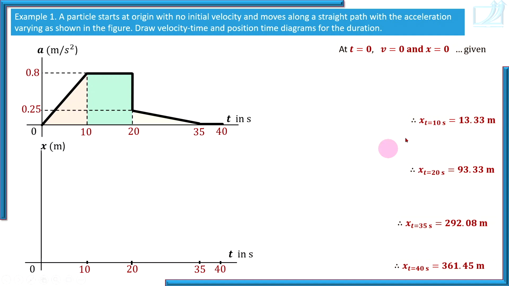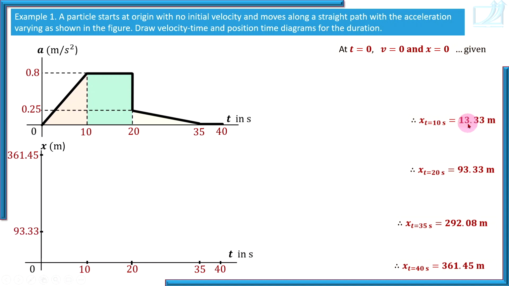And now position values. First, the highest value of position, 361. Now with reference to 361, this value of position, you mark other values of position. So 93, this is 300. So 1/3 of 300 is 100. So less than 1/3 of this distance. I have marked 93.33.